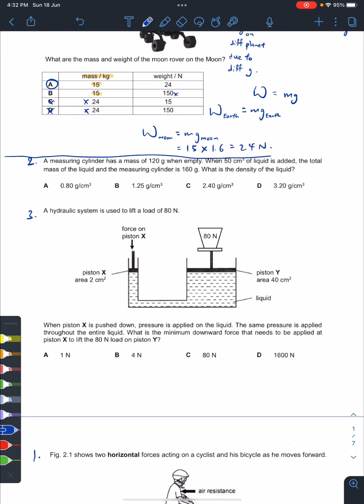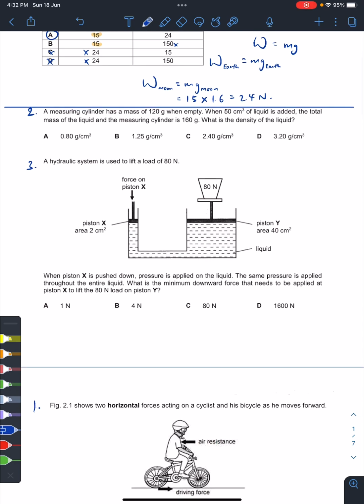Okay, next question. The measuring cylinder has a mass of 120 grams when empty. When you add in 50 cm³ of liquid, the mass becomes 160. So that tells you that the mass of your liquid is 40 grams.